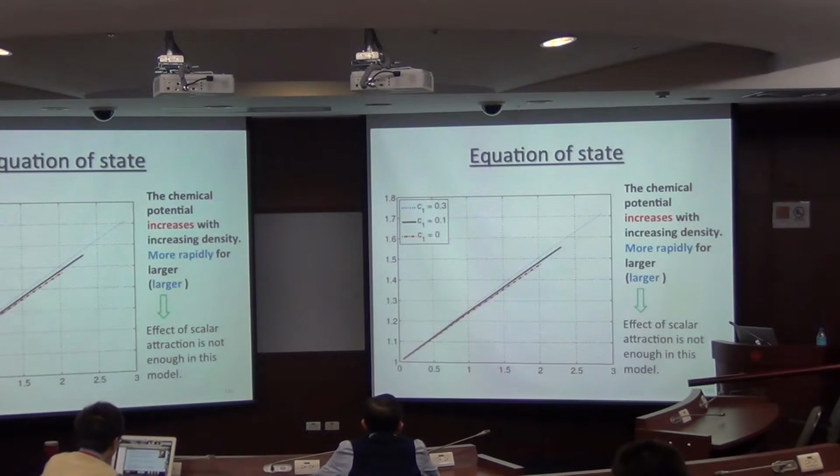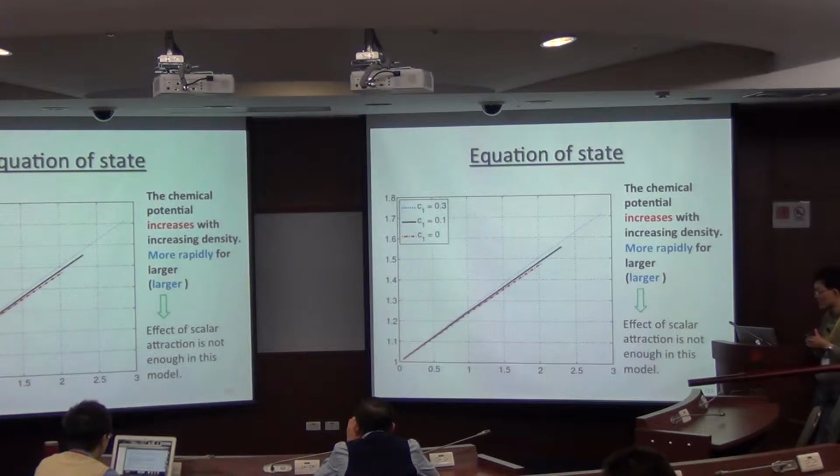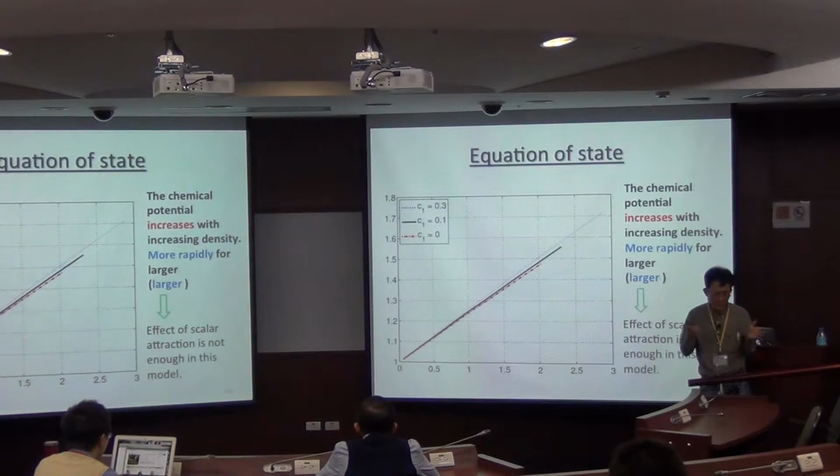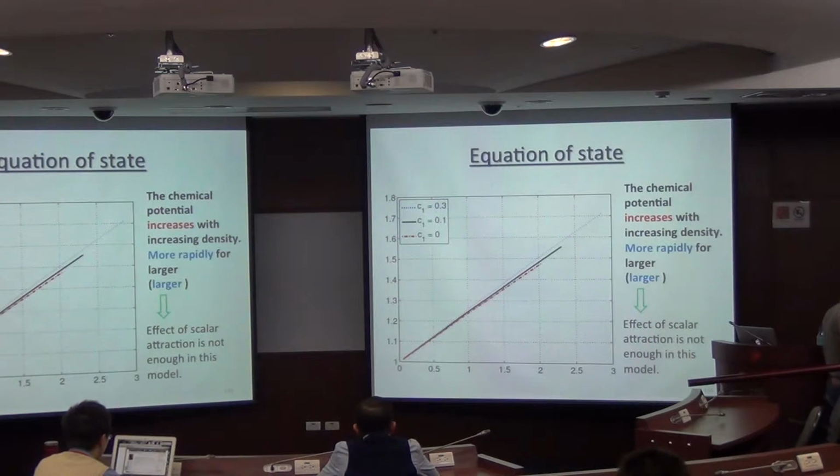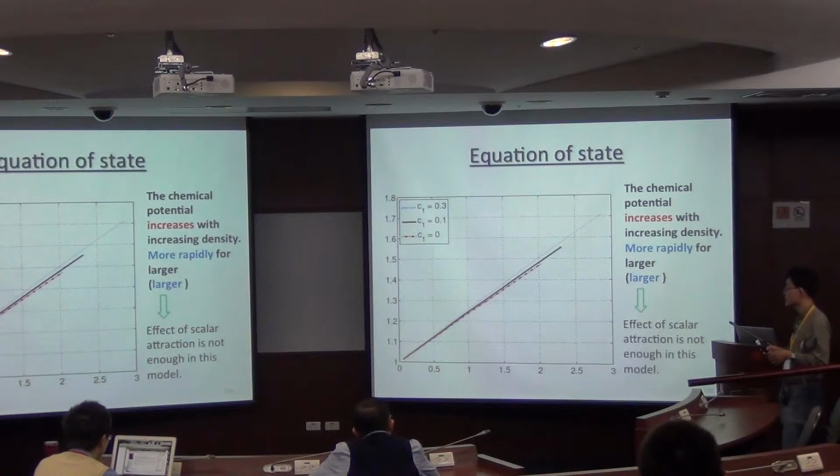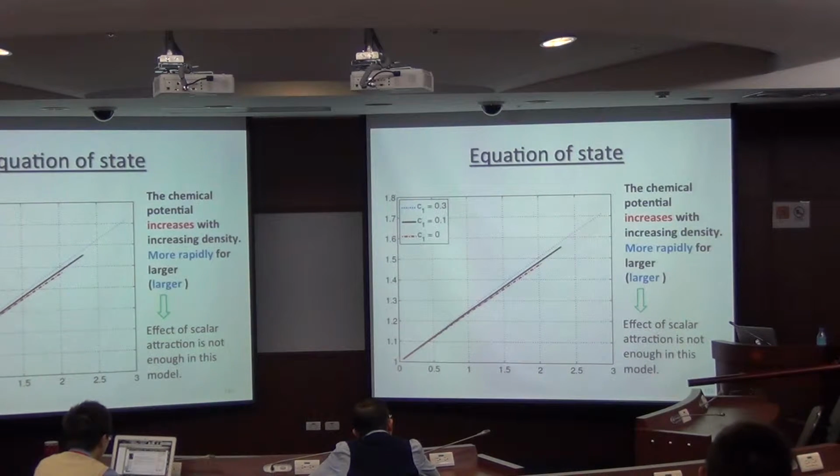Then after the subtraction, you get about 10 MeV attractive force, right? The attractive force between two nucleons in nuclear matter is of order 10 MeV. You can see this in the textbook. It implies that you must have some kind of attractive force.